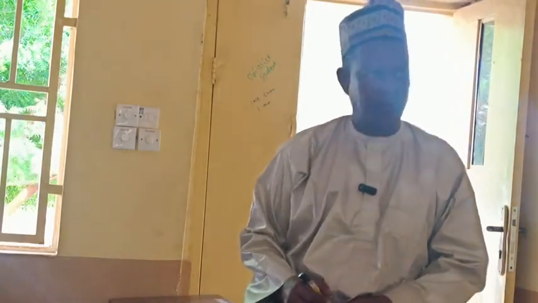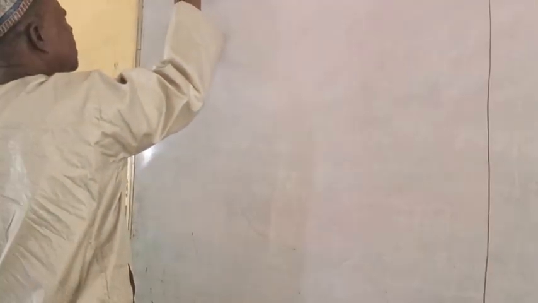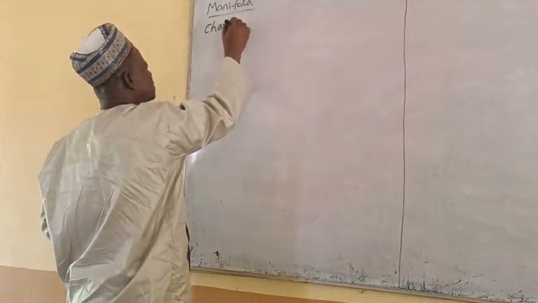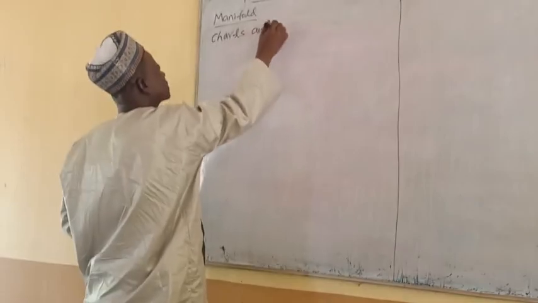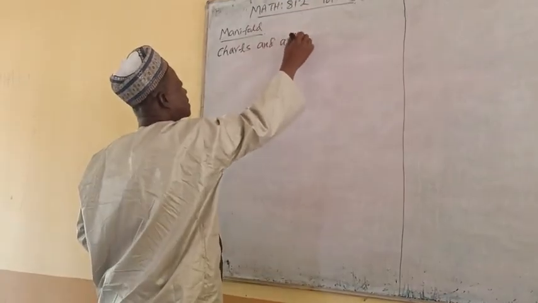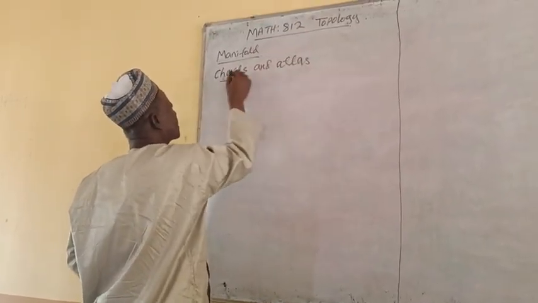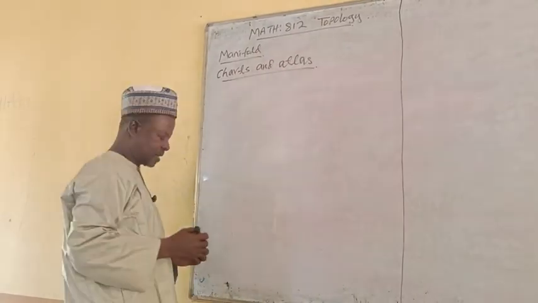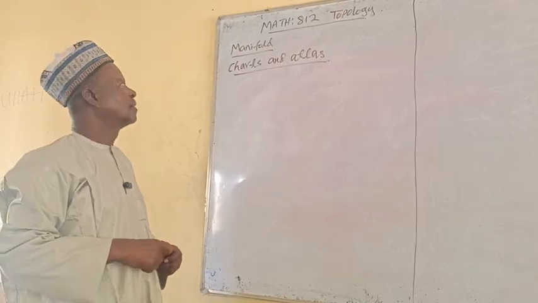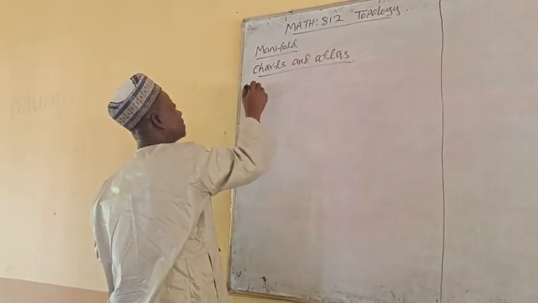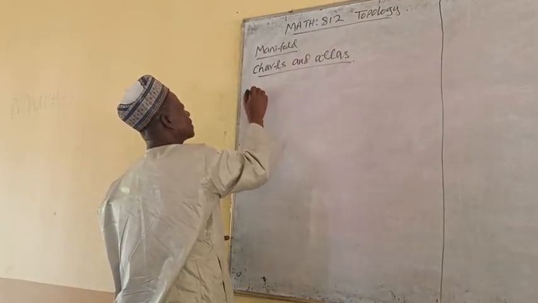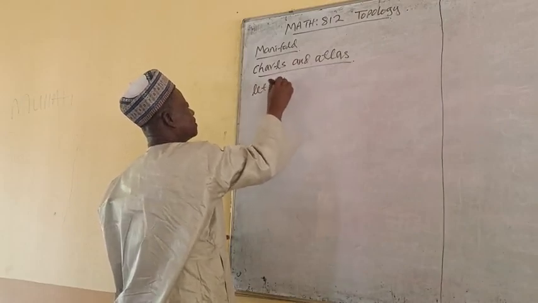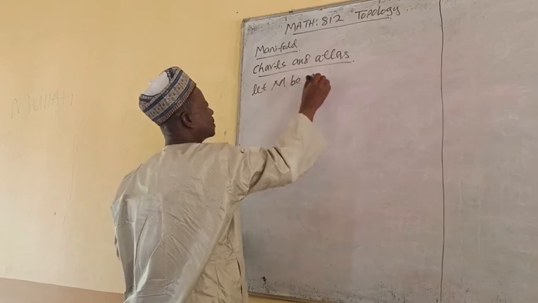So in the manifold, remember we discussed, we are going to be treating what we call charts and atlas. Now, supposing you have a manifold, let M be a manifold.